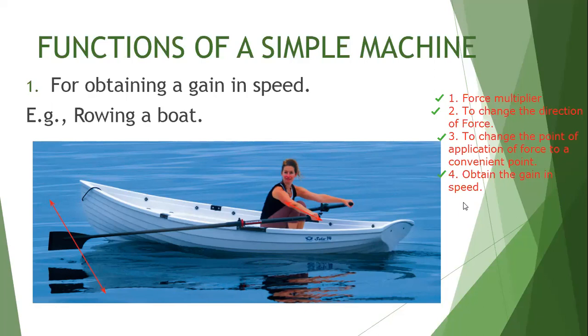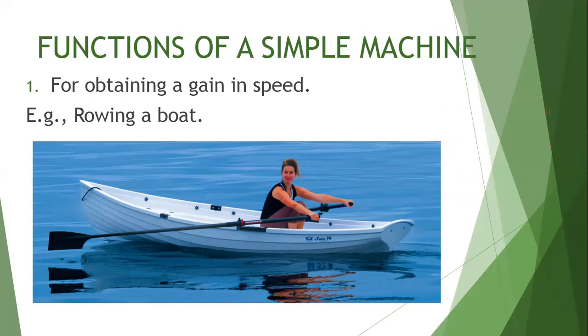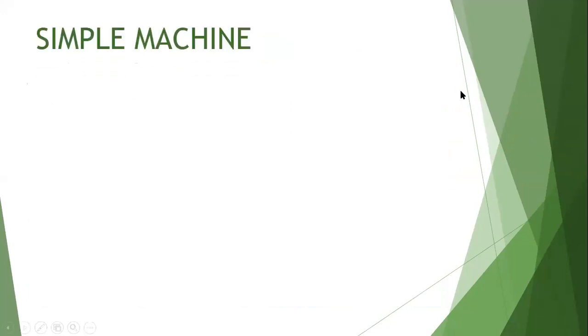At the same time, a machine cannot fulfill all these four tasks. Okay, so now let's proceed. The functions of machines are quite clear. So now we will start with what exactly the definition of a machine is.